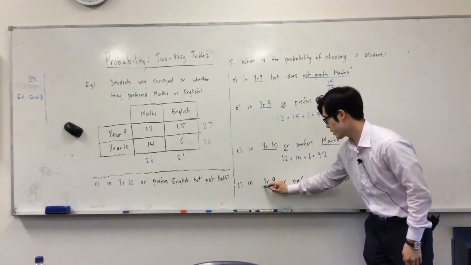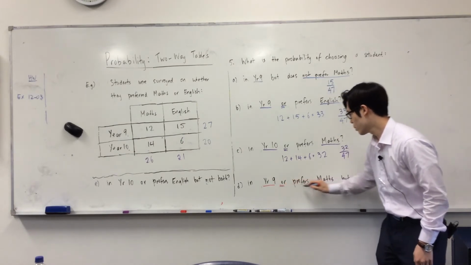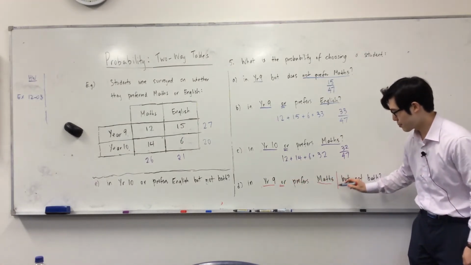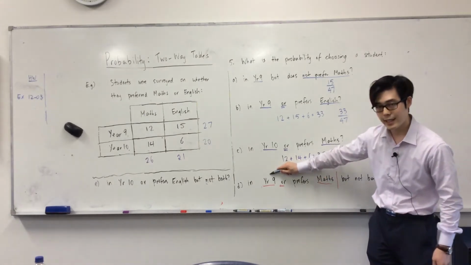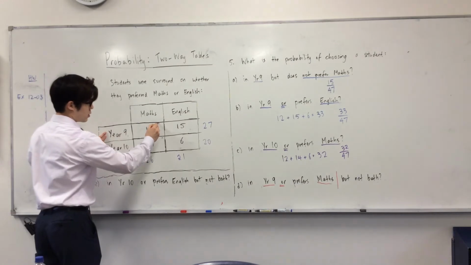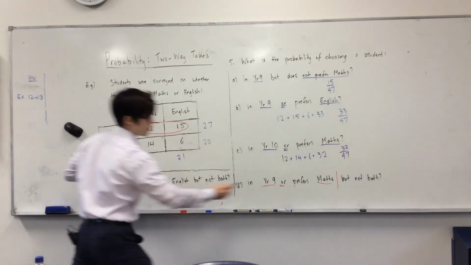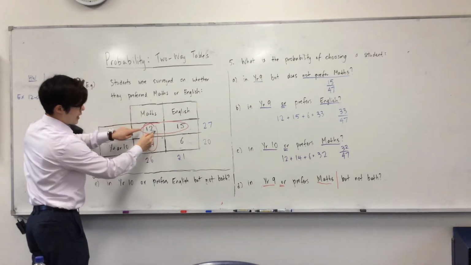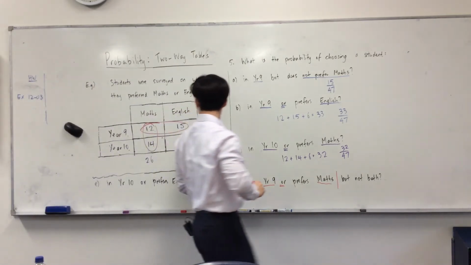Okay? How many students are in year 9 or prefers maths but not both? Let's just have a look at the question up to here. Let's add all the students in year 9 and maths. So all the students in year 9 across here, 12 and 15, and all the students under maths, that's here, that's 12 and 14. So I've got to add 12, 15 and 14.